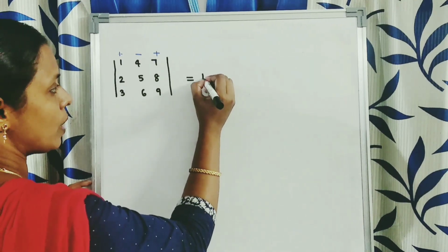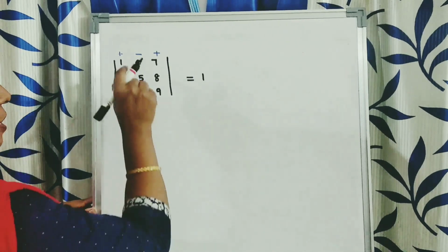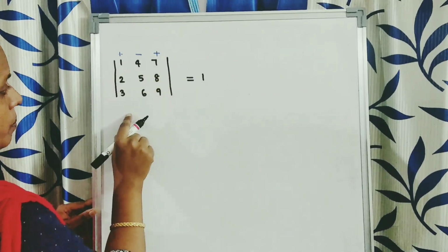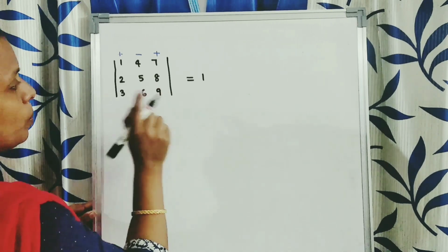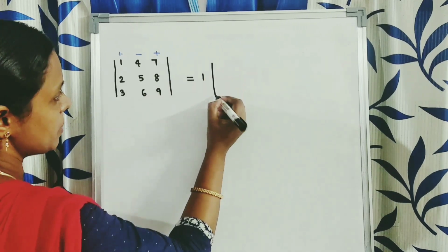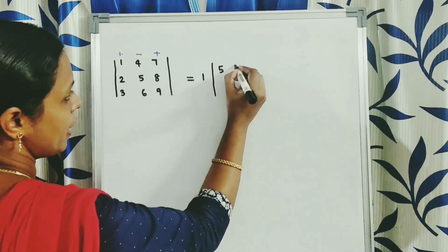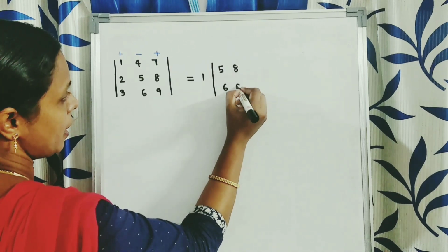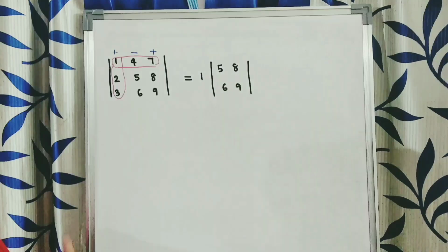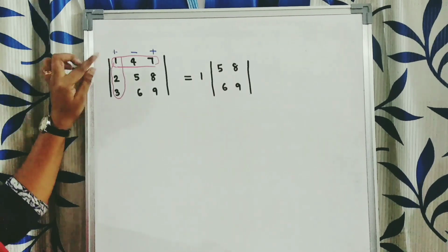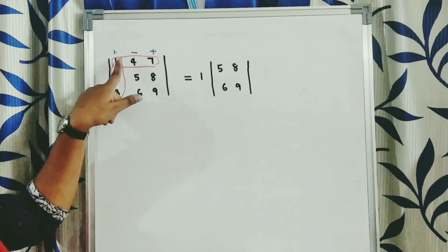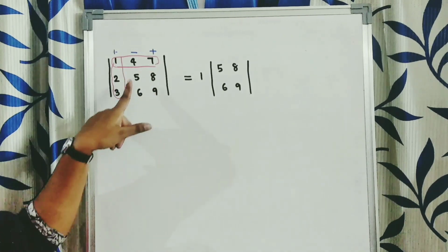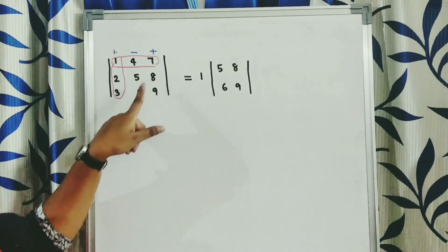Then delete the first row and first column, and the remaining elements are 5, 8, 6, 9, put in a determinant.